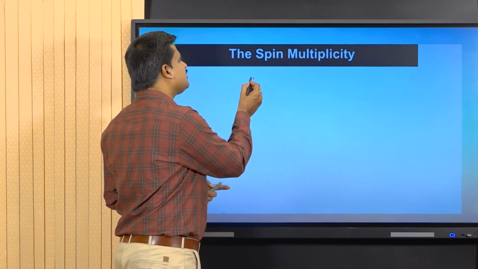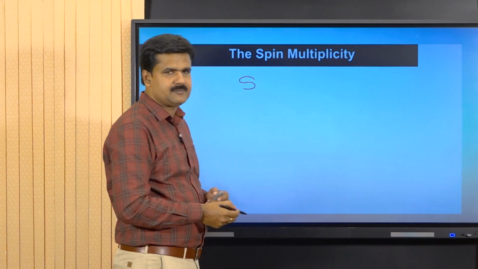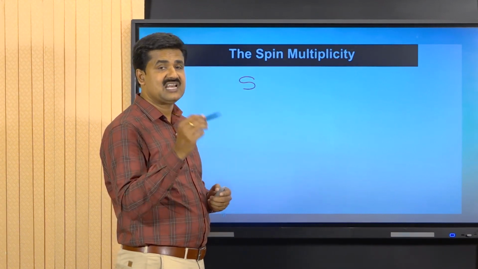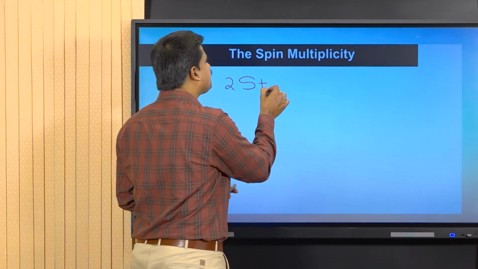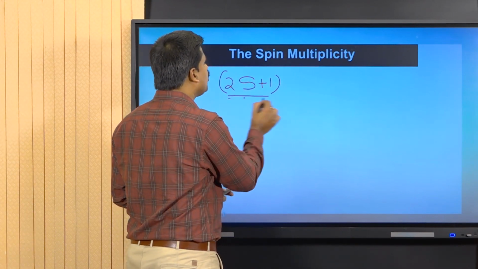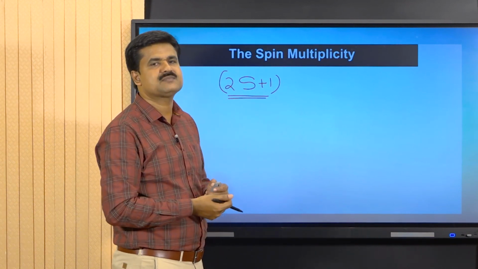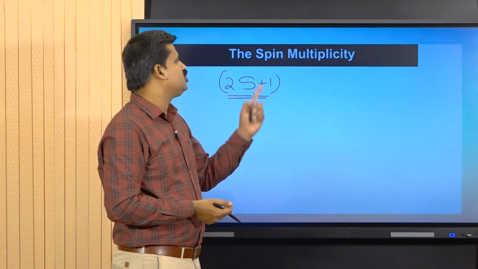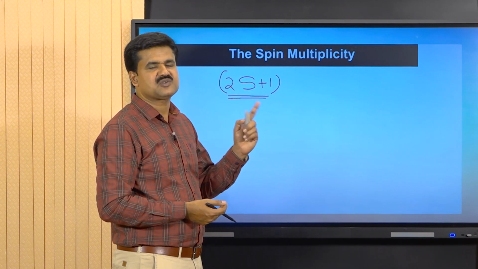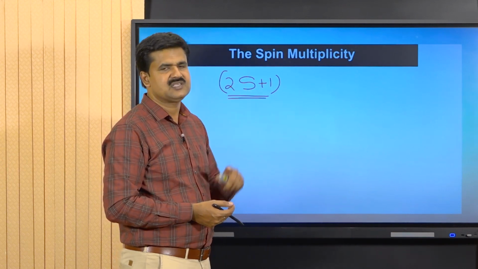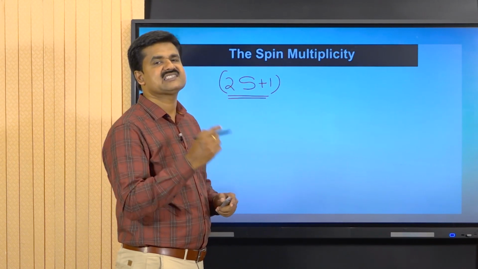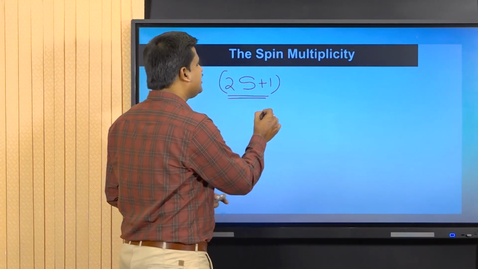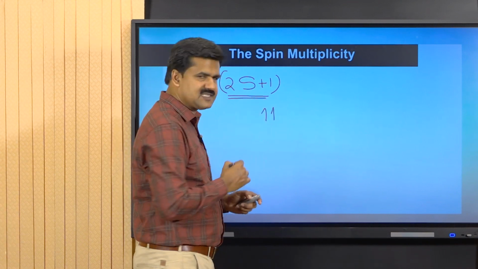After determining the total spin quantum number S, we have to find out another parameter. That parameter is 2S plus 1. This 2S plus 1 is called the spin multiplicity. Suppose we have a system of two unpaired electrons, and these two unpaired electrons have the same spin.